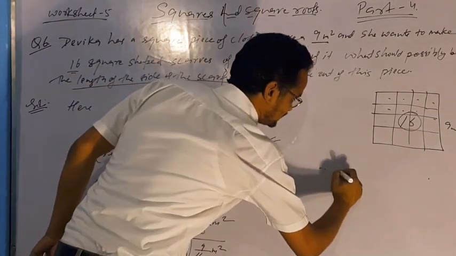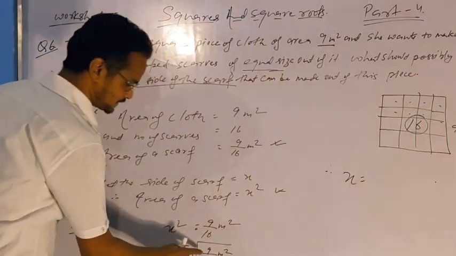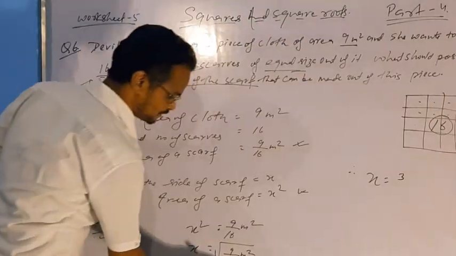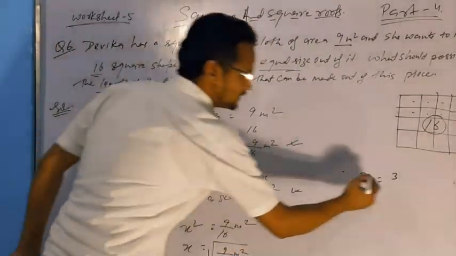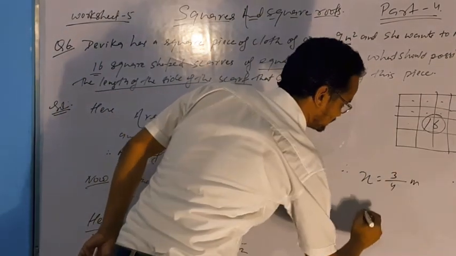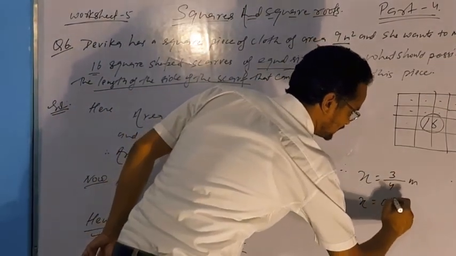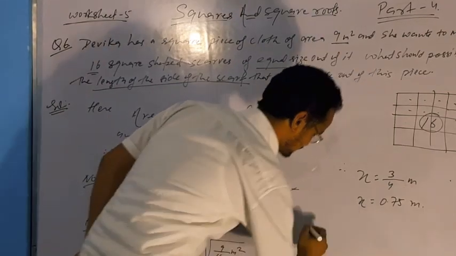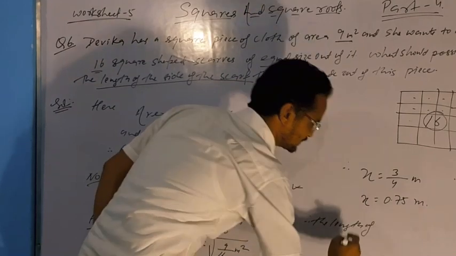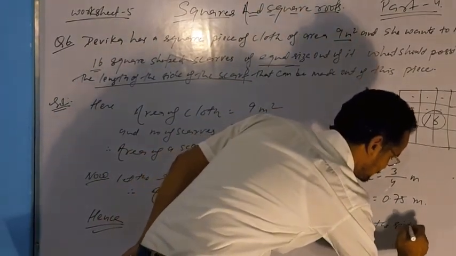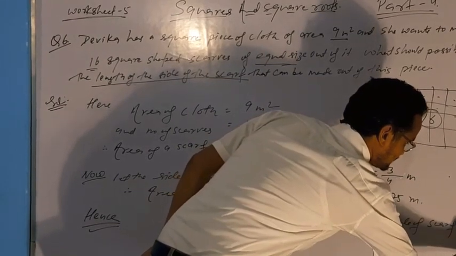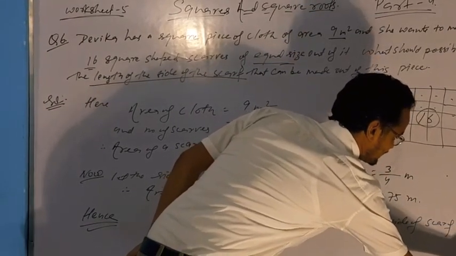Hence, therefore, x is equal to, what is the square root of 9? 3. What is the square root of 16? That is 4. And what is the square root of meter square? Meter. Therefore, it becomes x equal to 0.75 meter. Therefore, the length of the side of scarf is equal to 0.75 meter.